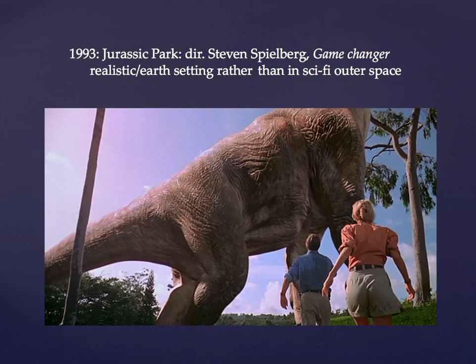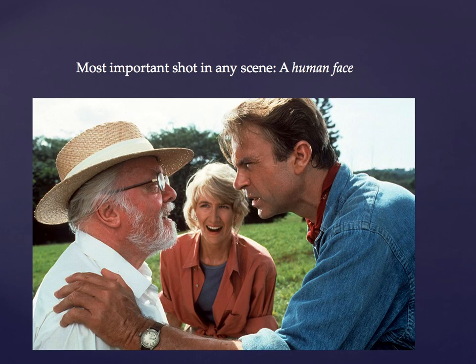And it doesn't take that long, but it's really nice filmmaking on Spielberg's part. Just wait for it. Wait. Hold on. Here they come. And it's a wonderful way to build anticipation. It's really, really nice. But in the middle of all that, we're going to keep cutting back to faces, human faces.